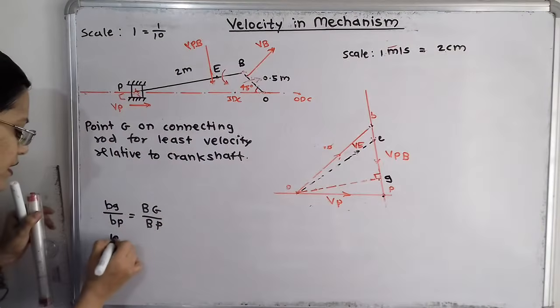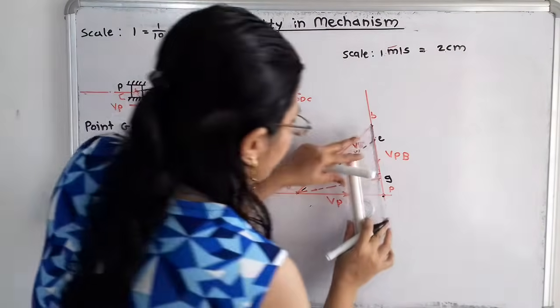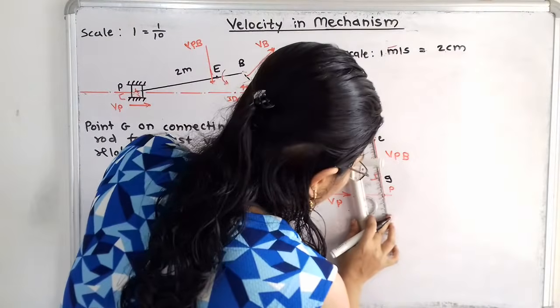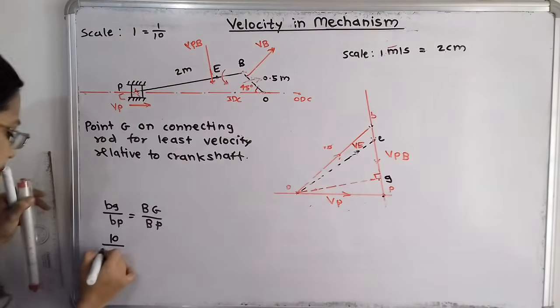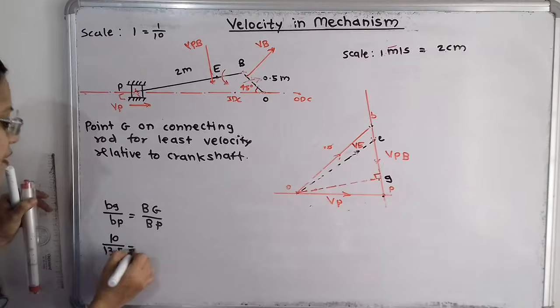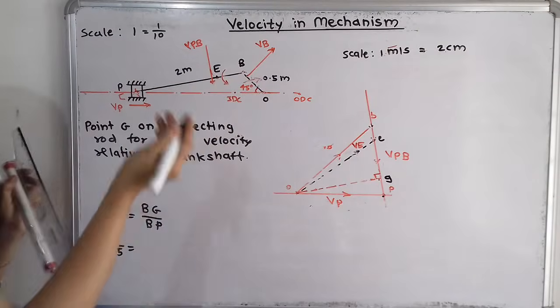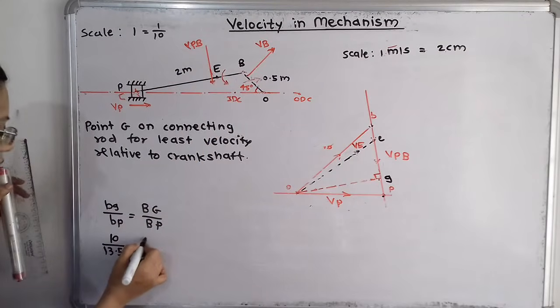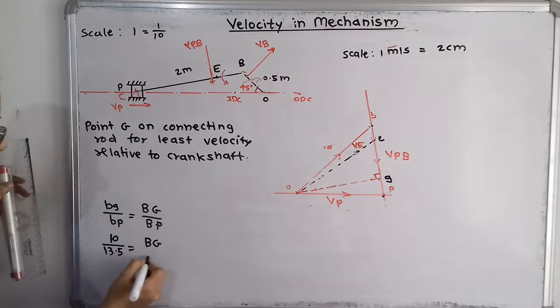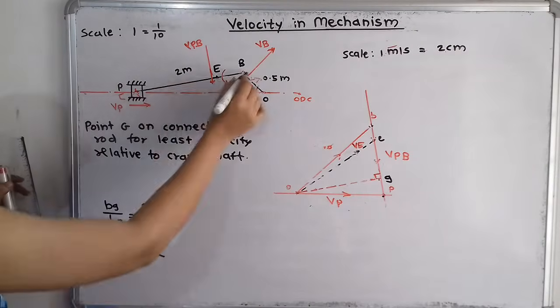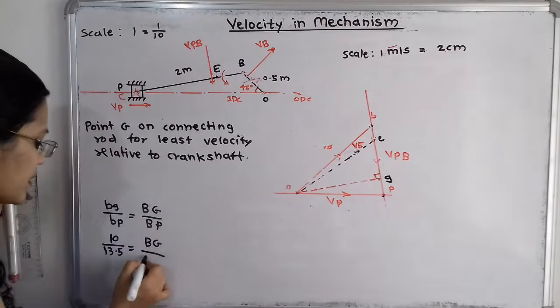So I take 10 centimeter divided by BP, and we know BP is 13.5, which is equal to BG divided by BP, where BP is known, that is 2 meters.